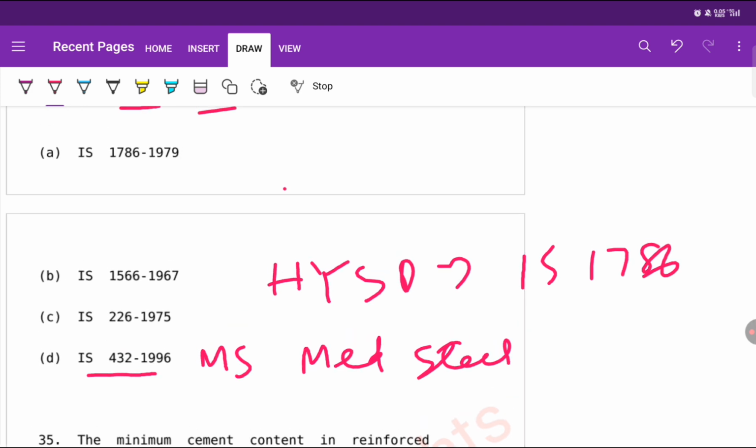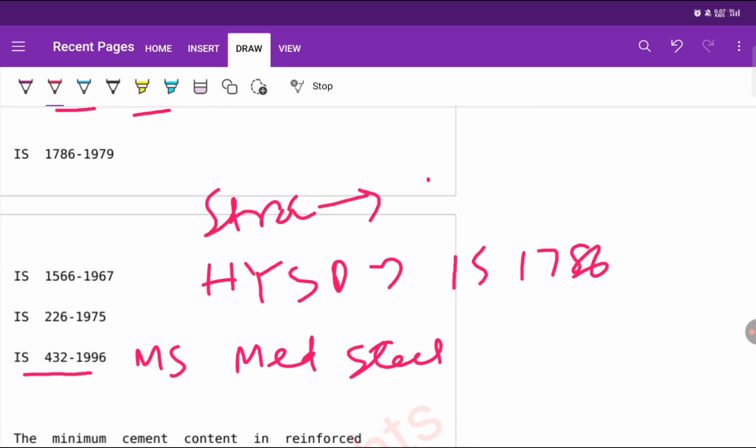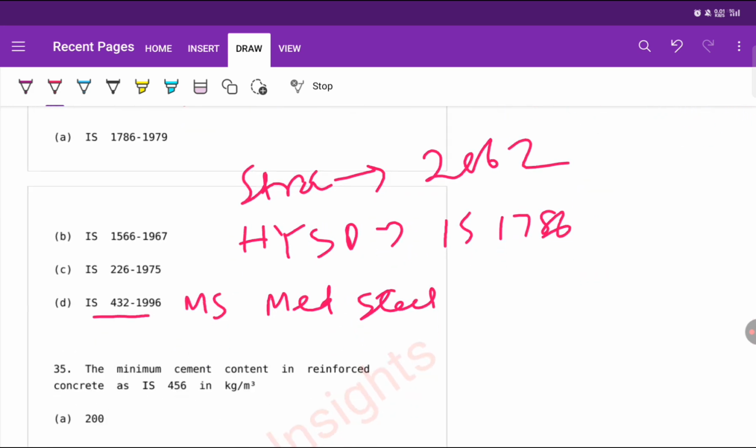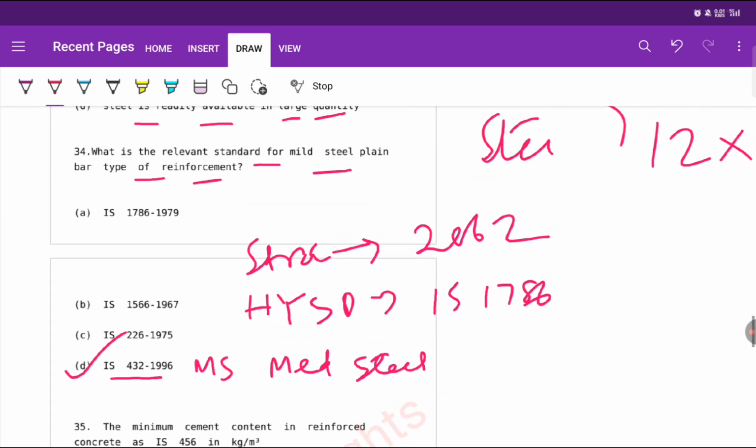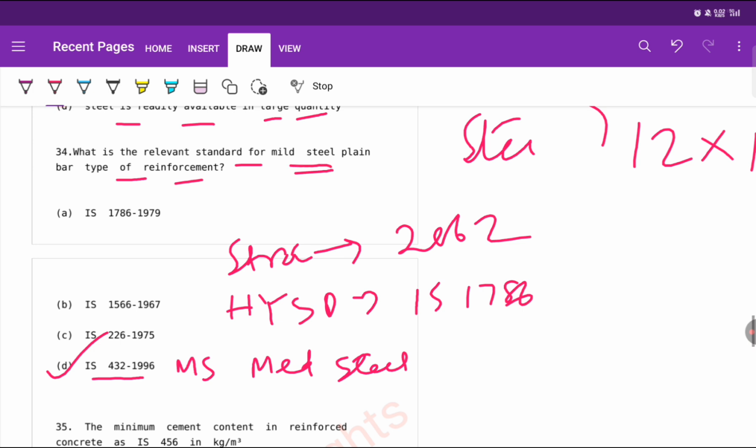And for structural steel, it is IS 2062, I think. Remember these, they are important. So option D is the right answer. For mild steel or medium steel the IS code is IS 432 1996, for structural steel 2062, and for high strength deformed bar IS 1786.